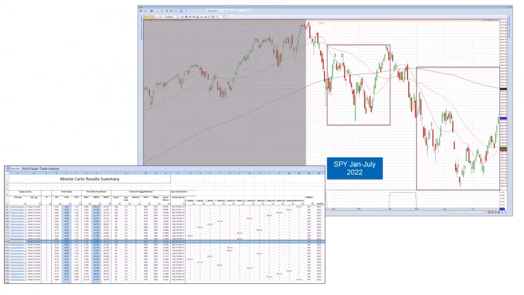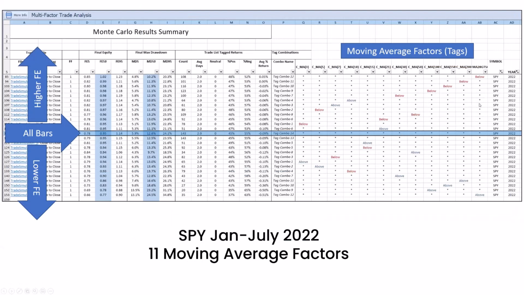And then SPY in the down period, so far in 2022. This is a result. Again, a lot of these are better bars where price was below the moving averages. There's 2 here that sort of stand out because they're 2 aboves in a sea of belows, and that's the 10 and the 7.